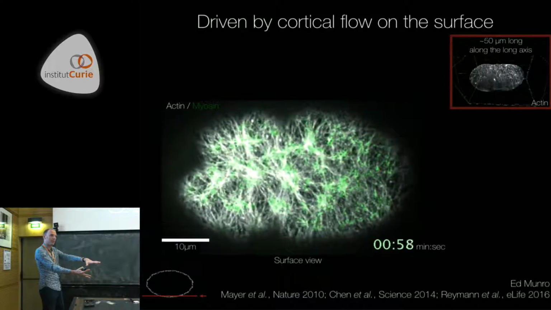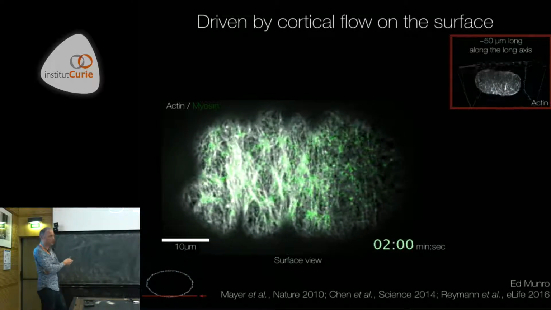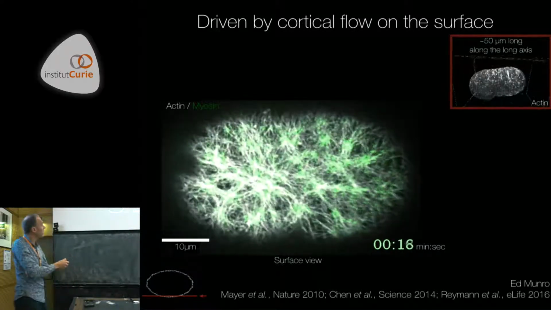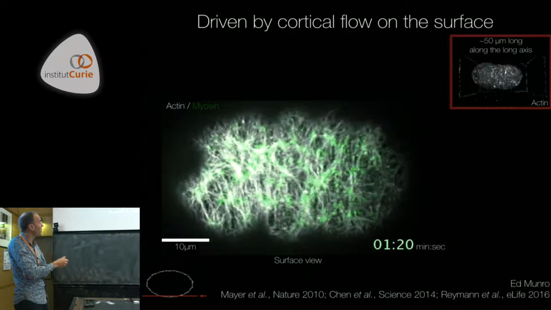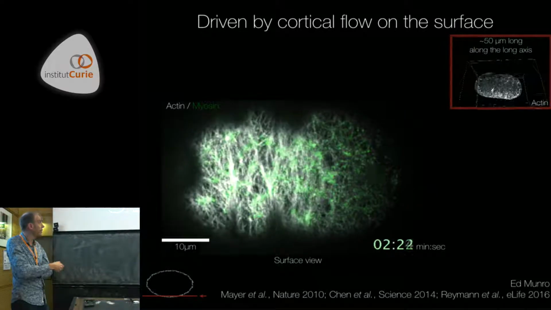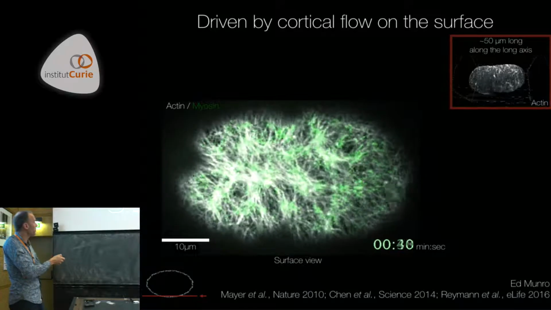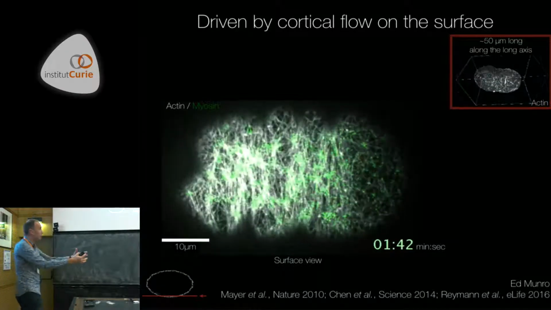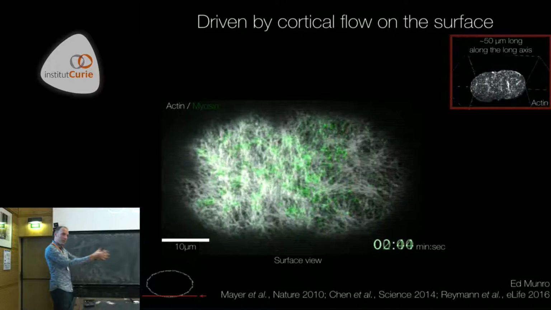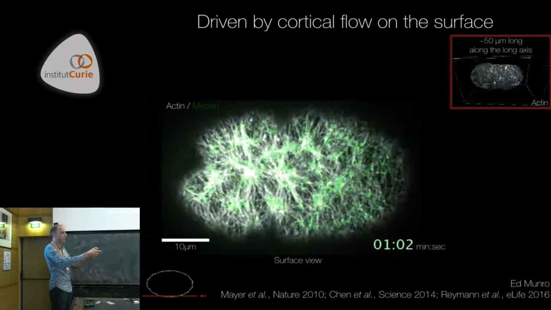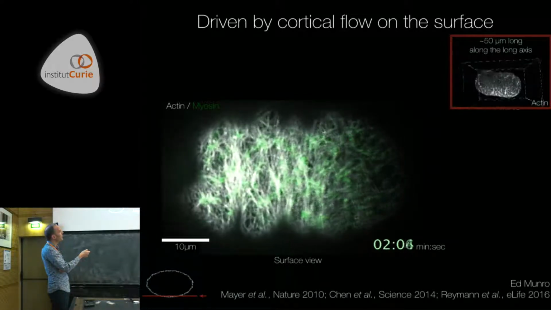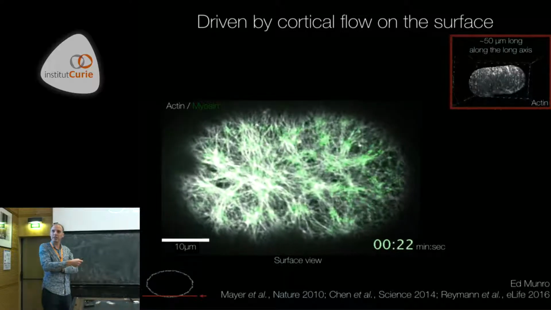We squish the eggs a little bit so you get a quasi 2D view of the bottom surface. What is labeled here is actin filaments in white and myosin motor proteins in green. And what I want you to take from this is that there's a period of about 6 to 8 minutes where the surface, the actomyosin cortical layer of the cell, flows away from one tip of the egg towards the other tip of the egg.